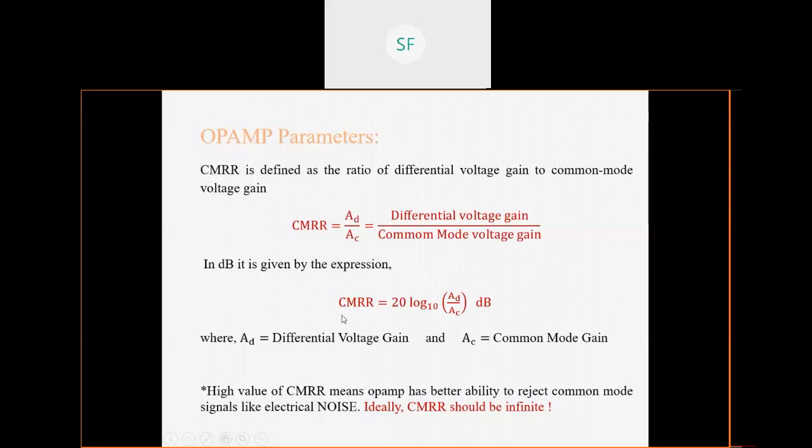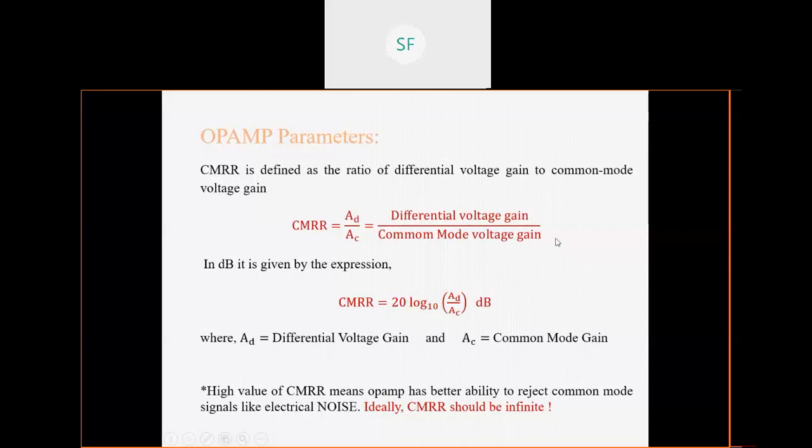So CMRR can also be calculated in decibel using this formula: 20 log to the base 10 of AD upon AC. So this is just for your information. Okay, there won't be any question regarding this. This is just for your understanding, where AD is the differential voltage gain and AC is the common mode voltage gain.